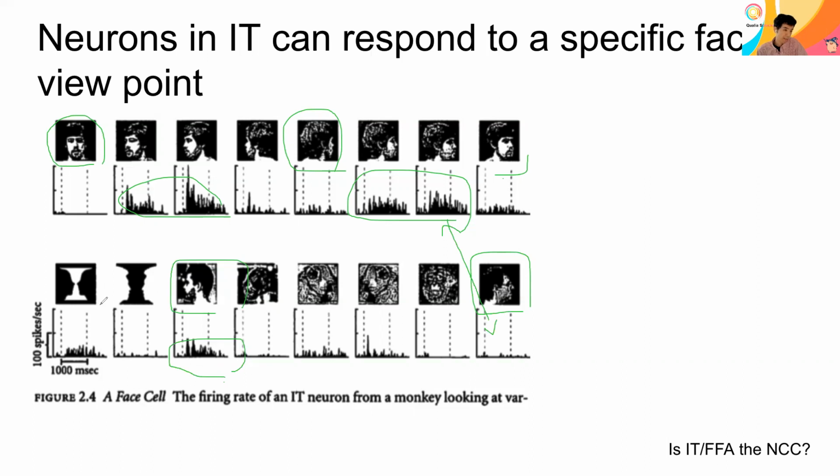And this one is also interestingly a vase-face kind of stimulus. Here, because the background is black, the figure is depicted in black, it can be easily seen as two faces, but here it's more seen as a vase, and there's no firing here. So that's the monkey's IT neuron response in a particular situation.